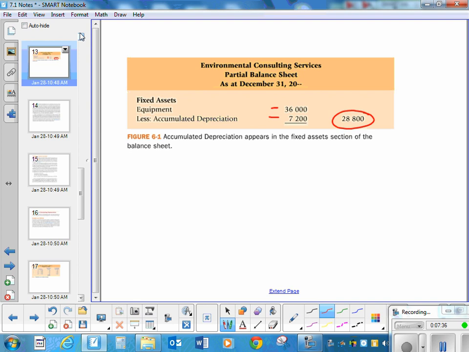And we don't want to have on our books a piece of equipment that we still have listed as $36,000, but it's actually only worth $28,800. And then what would happen is if you did nothing over those 5 years, at the end, you would have to get rid of that entire $36,000, which would make your books look like they weren't balancing, or would make it look like you had a really bad year because you got rid of an asset worth $36,000.